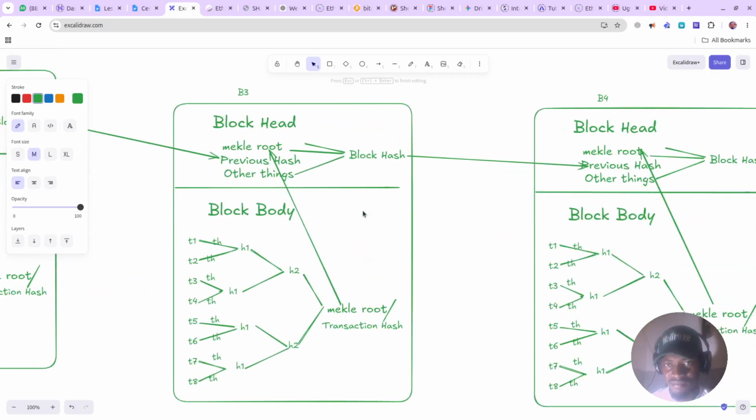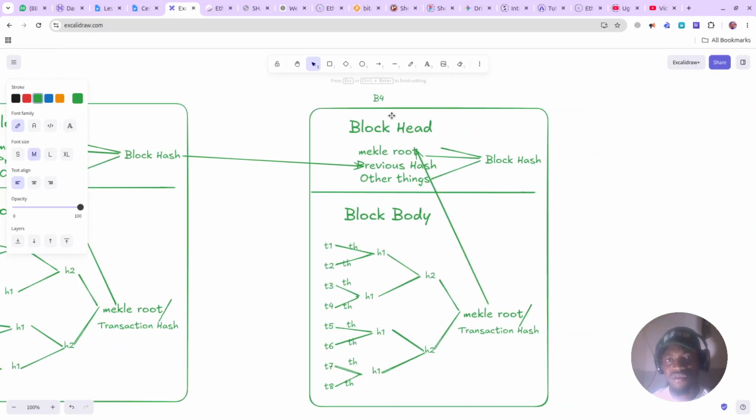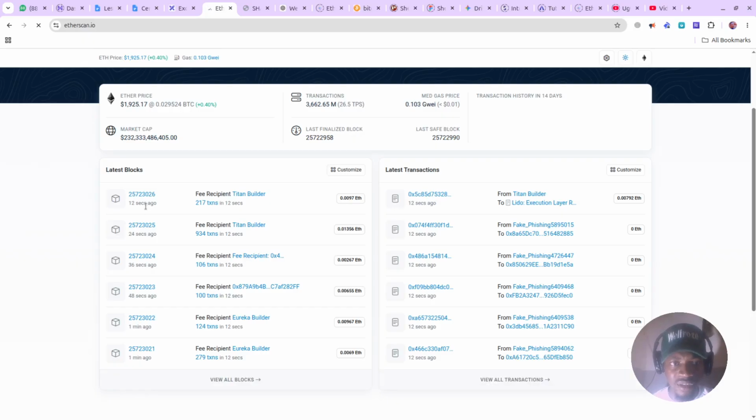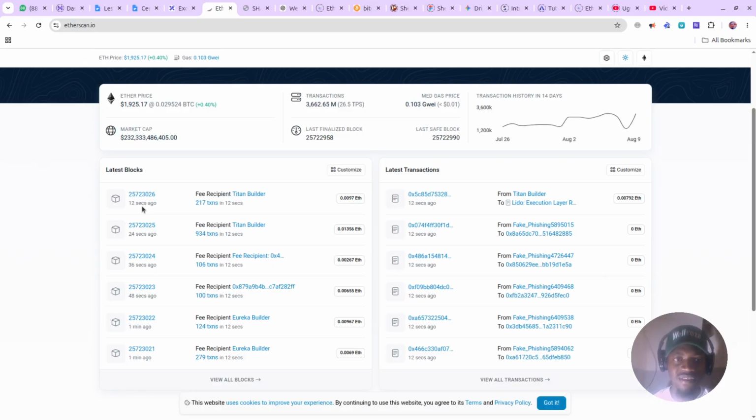Now in our illustration, I am in block 4, but currently let's refresh this site to see the current block we have on Ethereum. Now this is 12 seconds ago, because a block is generated every 12 seconds.